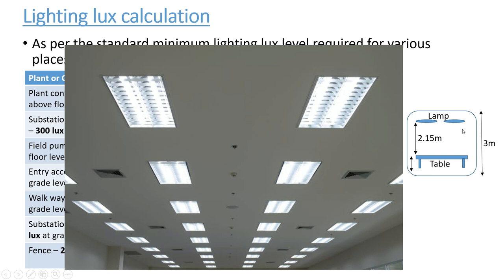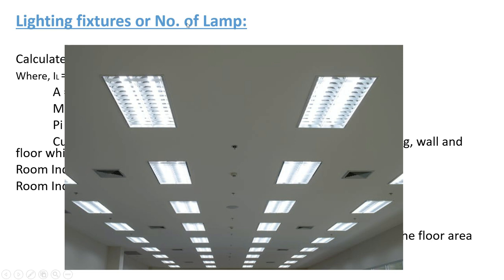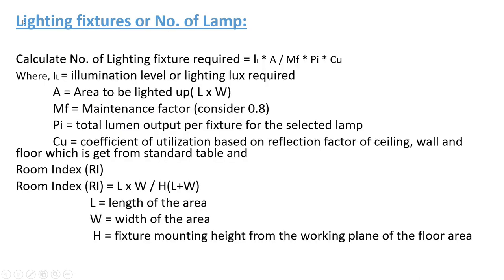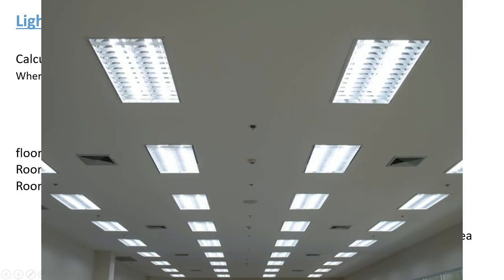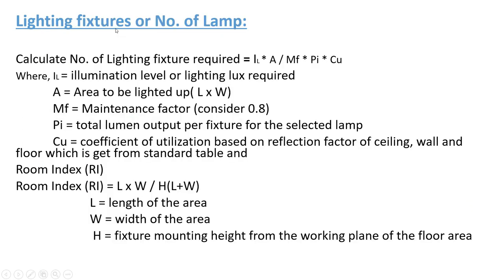For that, I need to do the calculation for finding the number of lamps or number of lighting fixtures required. Normally a lighting fixture is nothing but 2 or 4 lamps connected in one fixture. It's mostly used in the plant, substations, and even commercial areas. Nowadays we mostly use lighting fixtures.